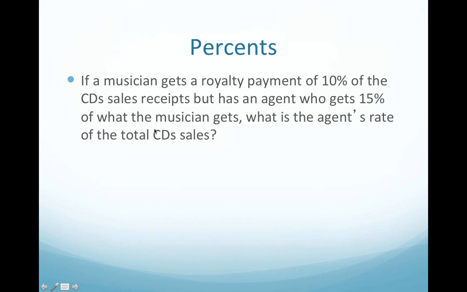We're going to look for certain words that let us know what operation to perform. Of course, we have 10% of 15%. Everything else is just to give us a point of reference about the musician's royalties. The only thing we really need for the math is the percentages and the word of. The numbers will always be easy to identify.